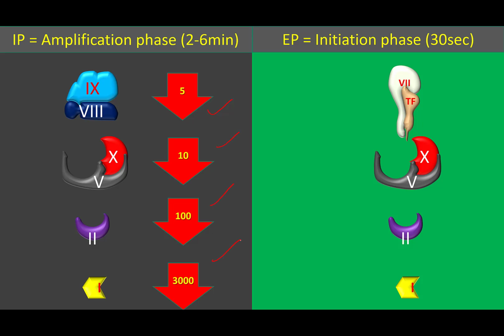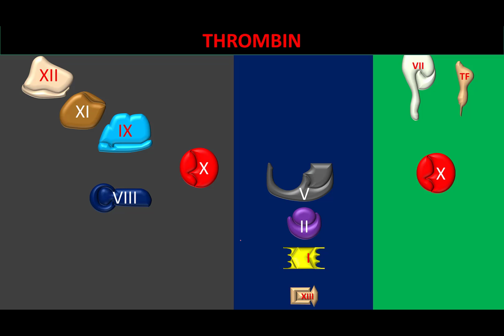A single pathway can amplify the process by 3000 times. That's how high amplification happens in the intrinsic pathway, whereas the extrinsic pathway initiates the process as soon as the damage happens.